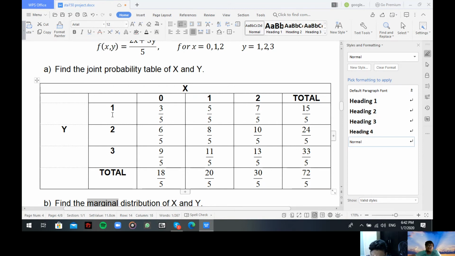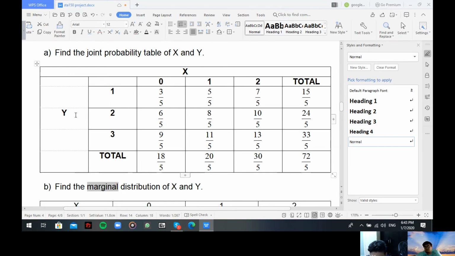So if y equals 1, you can conclude that h(1) is 15 over 5, h(2) is 24 over 5, and h(3) is 33 over 5. You need to substitute, changing the number of y to 1 or 2 or 3.